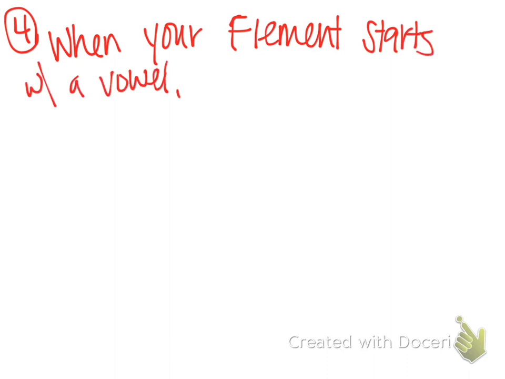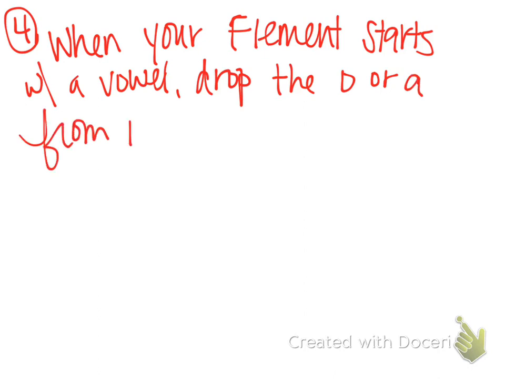All right, rule number 4, and last one. Okay, and this is kind of a picky thing, and this is more of a pronunciation rule. When your element starts with a vowel, drop the O or the A from the prefix.